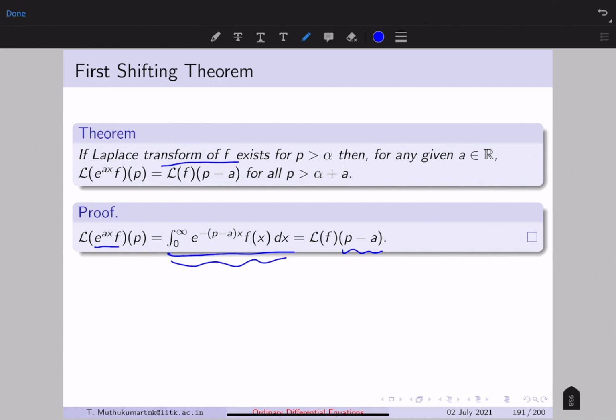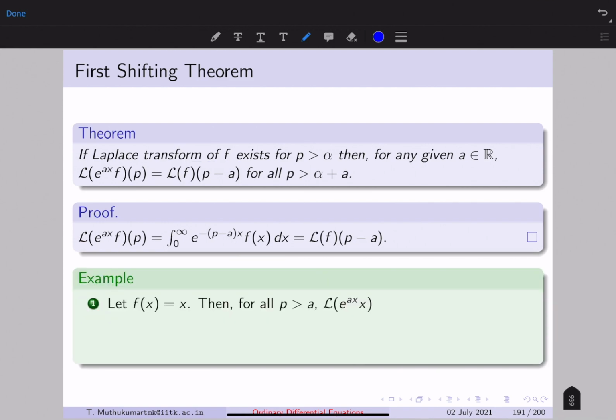So this tells you that if you know the Laplace transform of a function, then the Laplace transform of the function multiplied by exponential is nothing but the Laplace transform shifted by the a which is appearing in the exponent of the exponential. So the advantage of all this knowledge is that, for instance, if your f is the identity function, f(x) equal to x, then you can compute the Laplace transform of e power ax times x.